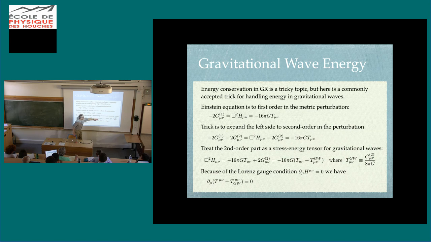So I absorb them into the stress energy tensor, where I'm talking about this gravitational wave energy: the second order terms of the Einstein tensor divided by 8 pi G. And that gives you an energy, because Lorentz gauge says that the derivative of h mu nu is 0. Then I'm going to have this whole thing be conserved.